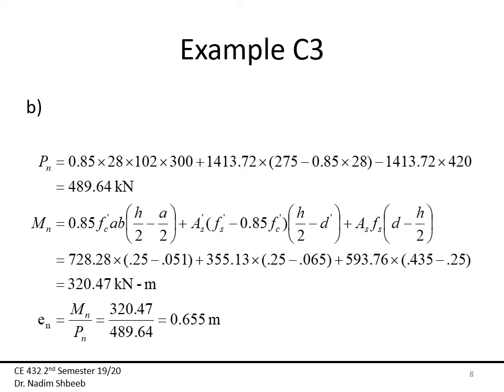So calculating now the axial force, it's going to be simply 0.85 times F prime C times 102, which is my A, which is actually equal to beta 1 times 120, which we chose, times B. This is my 2 phi 30, just to remind you. This is my F prime S, the 275, and this is the 0.85 times F prime C, minus the tension force times Fy again.